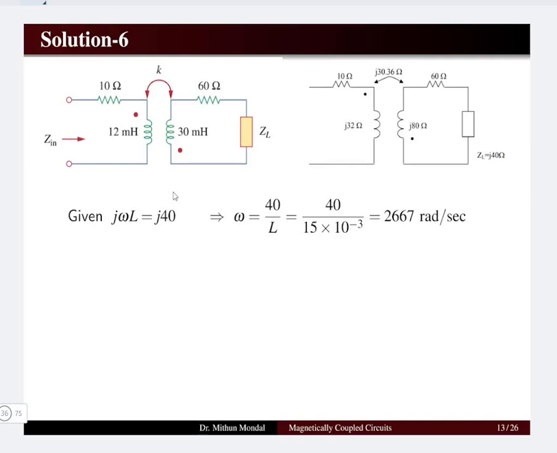So we have to first obtain what is the frequency of the system using the relationship from the load side. So we find that the frequency is 2667 radian per second from the relationship of reactances of the load. Once we have found out what is the frequency, we can convert these inductance values in the reactance form using the coefficient of coupling.